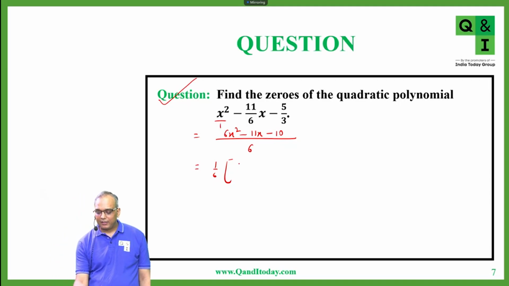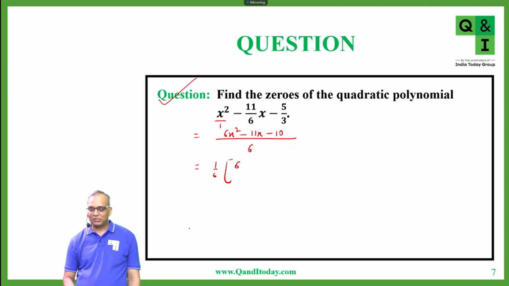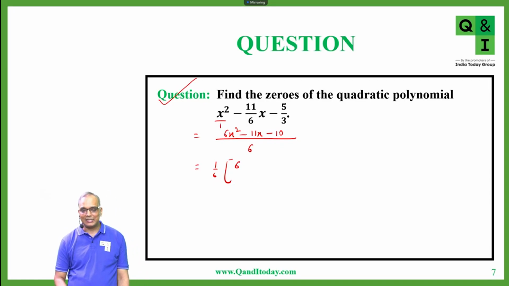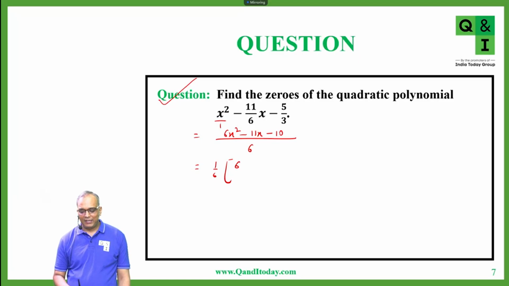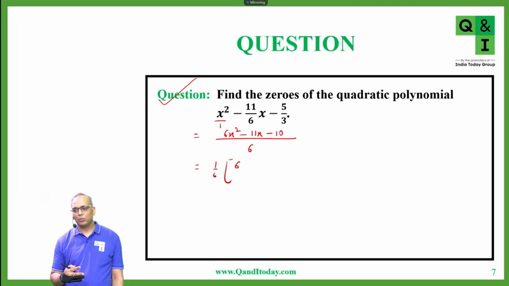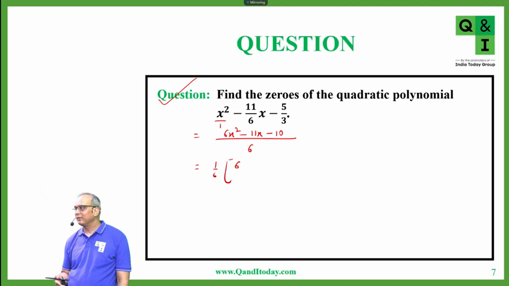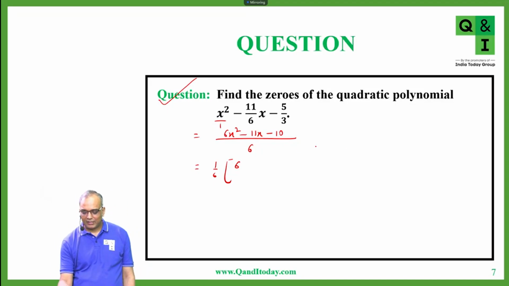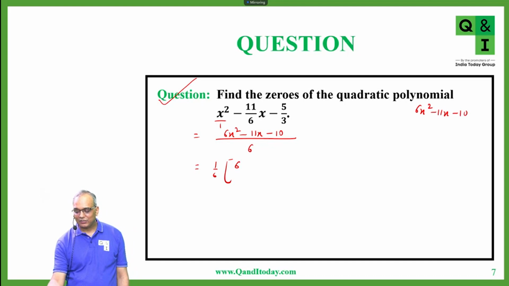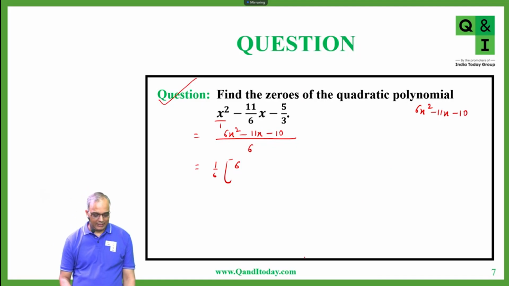So if we split the middle term, 6 into minus 10 is minus 60. To get minus 60, we can do 10 times 6, we can do 12 times 5. So if you break this, 6x square minus 11x minus of 10, right?